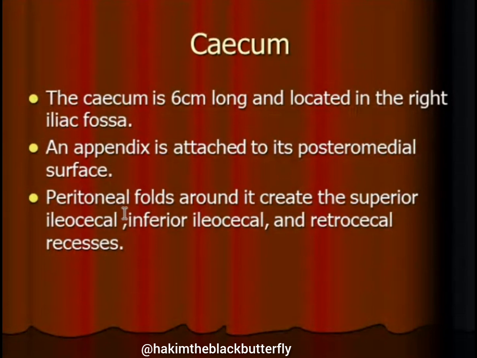So when peritoneum is reflecting itself onto the cecum, it creates potential spaces known as recesses. There is what we call the superior ileocecal recess. It is above the point where the ileum joins the cecum. That's why we call it superior ileocecal. Then there's the inferior ileocecal recess, below the junction between the ileum and the cecum.